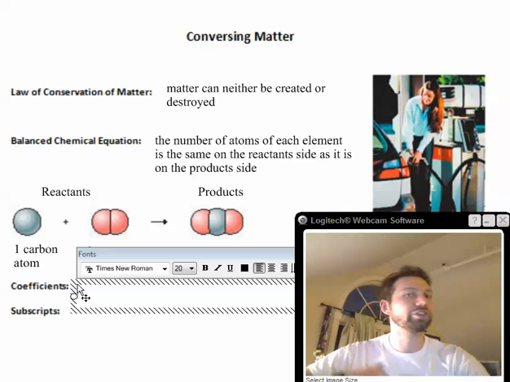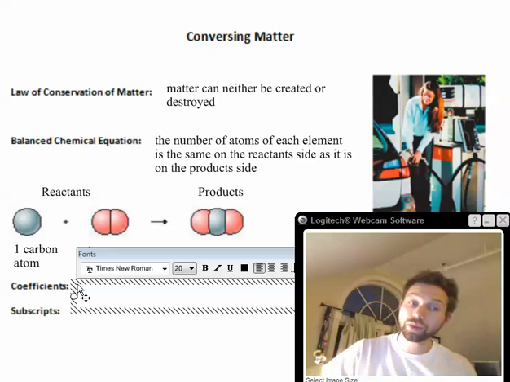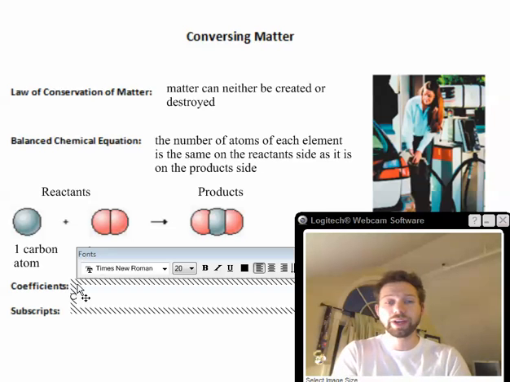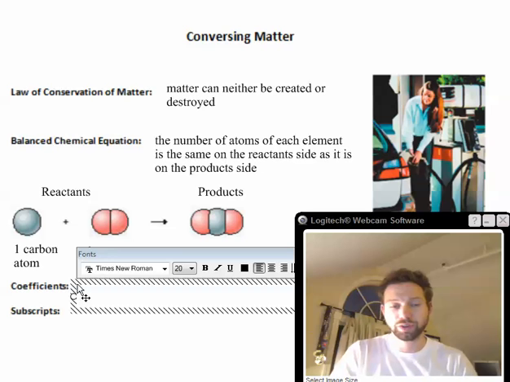So when we talk about describing matter, we can describe it in many ways. One of the ways is by showing it in a model, as you see there in your notes, but also another way is using coefficients. So coefficients are used in chemical equations.